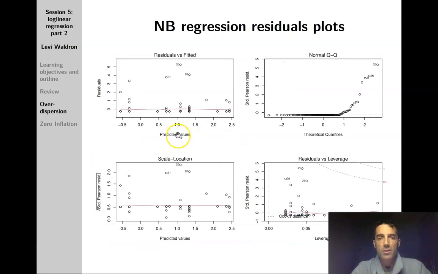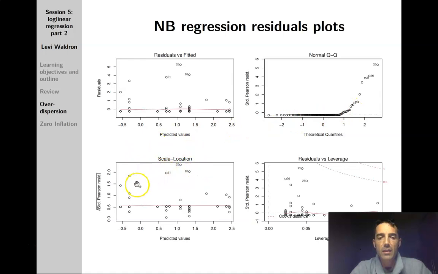Looking at these residuals plots to see is it a good fit, still looks pretty problematic. We still see very large positive residuals here in this predicted values versus residuals plot. We still see nothing like the QQ plot falling along this straight line.